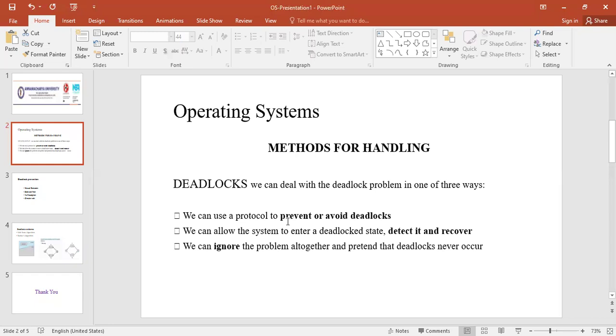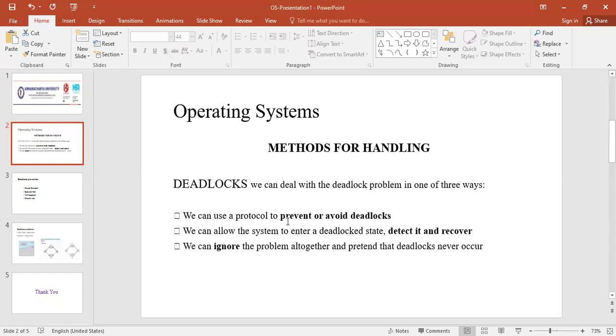If a system does not employ either deadlock prevention or deadlock avoidance, then a deadlock situation may arise. In that case, if deadlock occurs, the system can provide an algorithm that examines the state of the system to determine whether a deadlock has occurred, and an algorithm to recover from the deadlock.